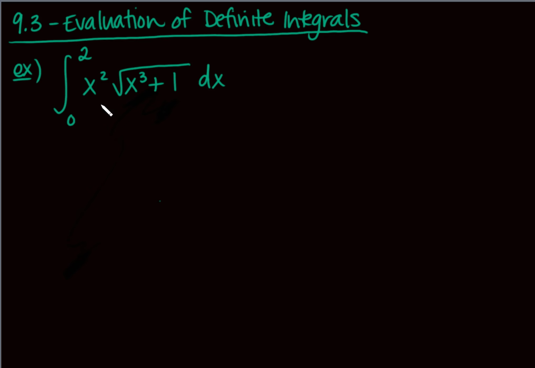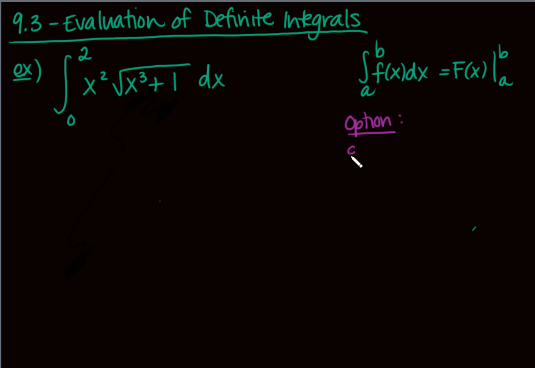When I'm evaluating something like this, remember when we take the integral from a to b of some function, how do we evaluate this? We take an antiderivative of little f of x, and I evaluate it from a to b. So there is one option, and I'm not going to do it this way because it takes longer, which is to just evaluate the indefinite integral.